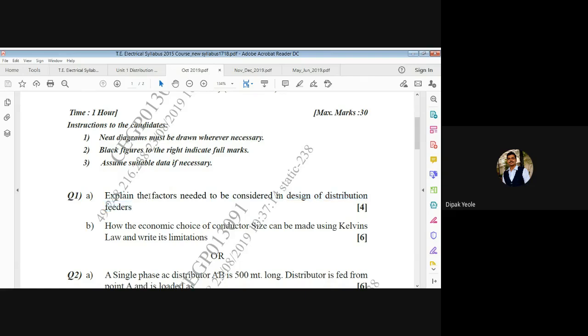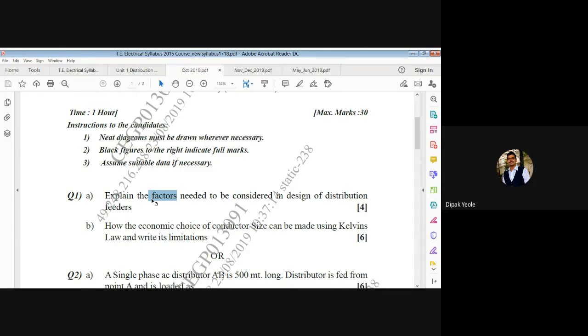So this is the first factor to be considered for design of distribution feeder. Then you can write the explanation of what the meaning of current is and why there is a need of current. Whenever you provide voltage, there is obviously the effect of current. The second factor is related to the load condition: the maximum availability of the load is a design consideration for a particular feeder.